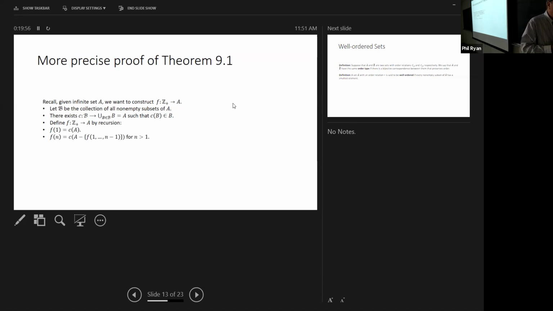We have a definite property we can use to define f. And then by recursion, f of n is the choice function on A minus the first n minus 1 elements that we've chosen before. And we do that for all n greater than 1.